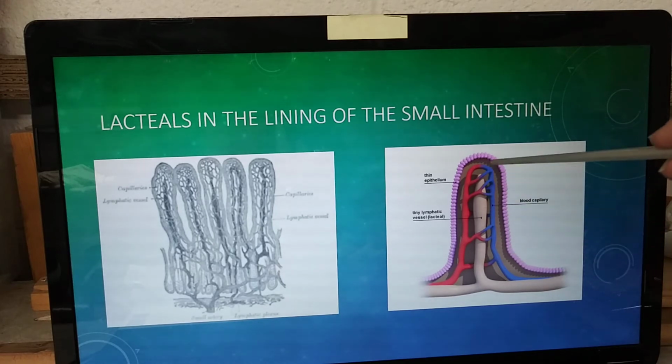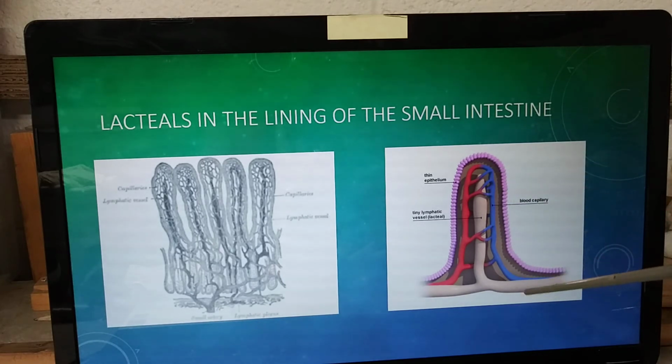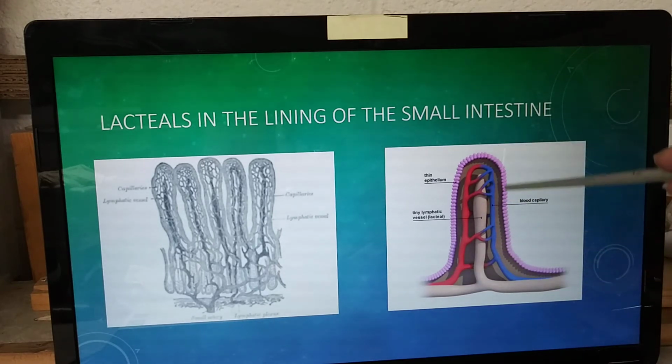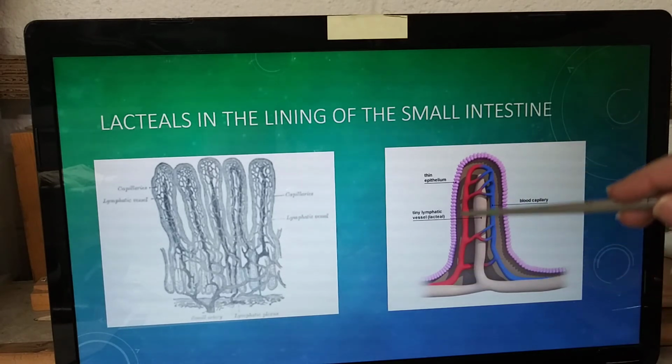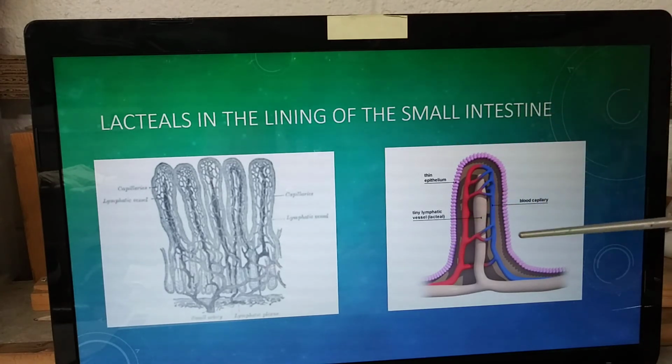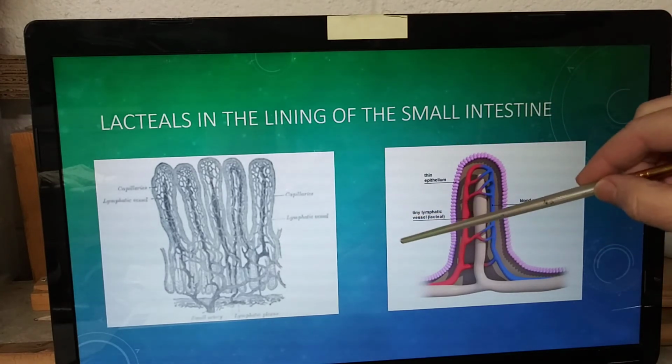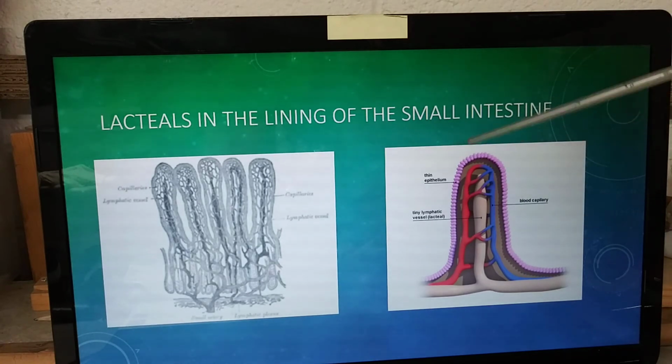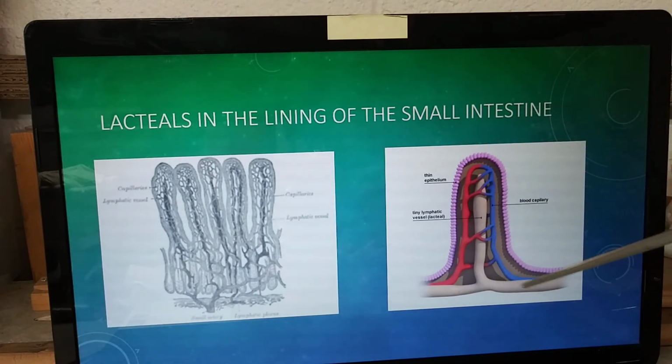So this is blood which would be on its return path. And this little thing here is an intestinal villus. The inside of the intestine is on this side of this little purple wall, and then food would pass by this, and the fats would be absorbed into this lacteal here.